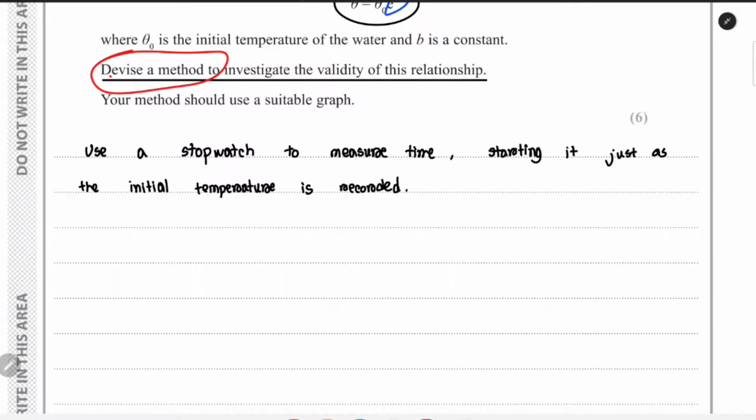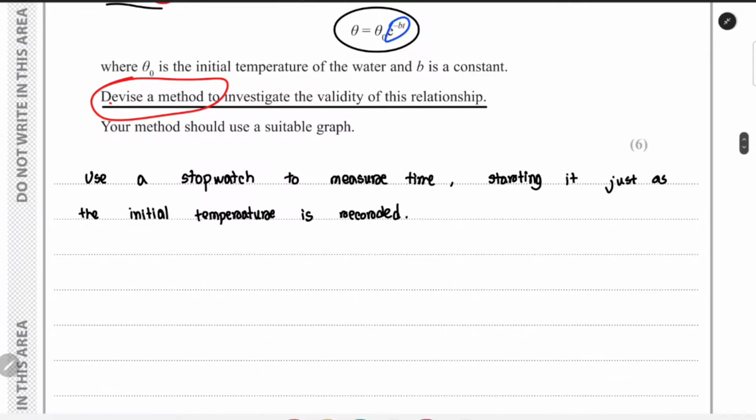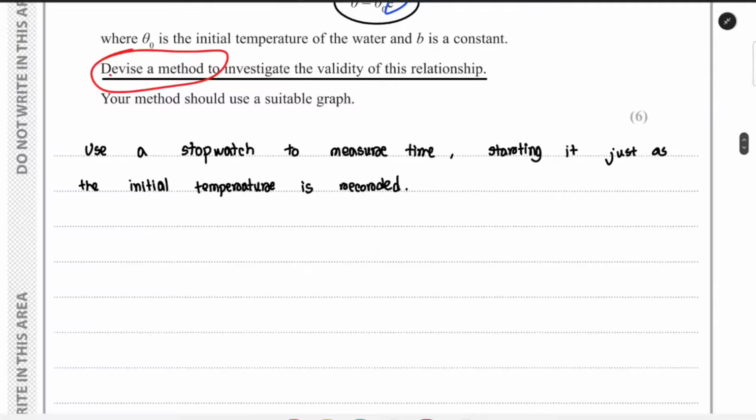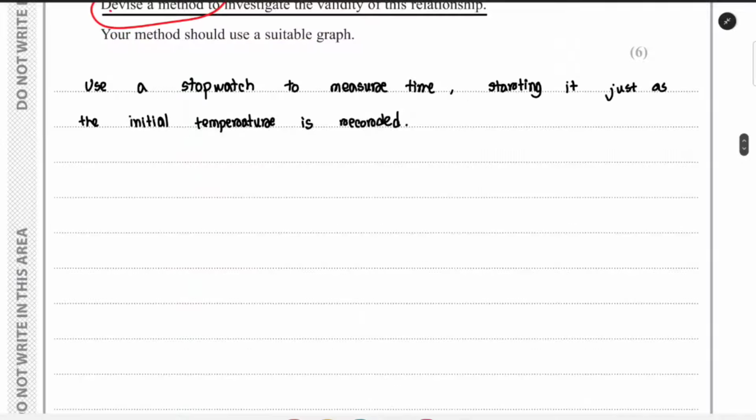Now we'll record the temperature at fixed time intervals. The time intervals.